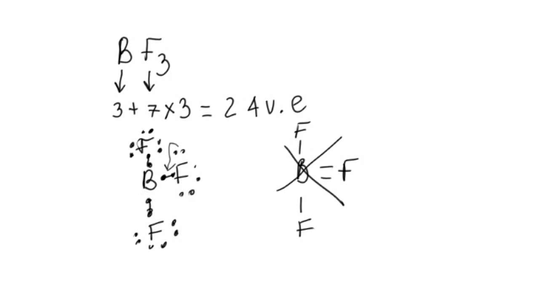But this is the reason why boron readily forms bonds with compounds that have lone pairs to donate. In other words, a typical example would be boron trifluoride and ammonia, because nitrogen has this lone pair.